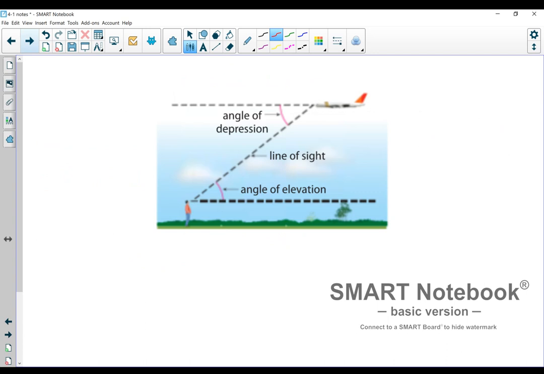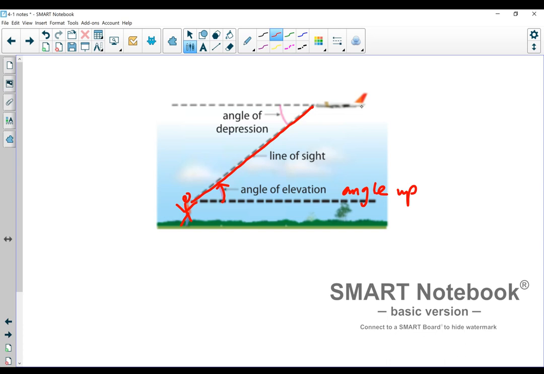This is just some vocab. I like this picture a lot to show you rather than writing out words. So if this is your line of sight, this is a little stick figure down here, and I'm looking up. This is my angle of elevation. So angle of elevation is an angle that goes up from your line of sight.